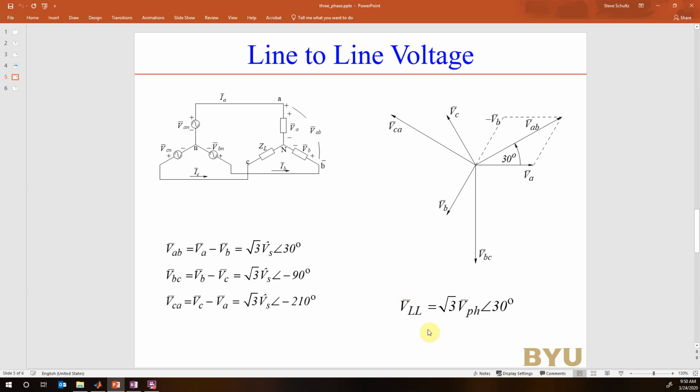So you see right here that the line-to-line voltage is the square root of 3 larger, and then it's shifted by 30 degrees. What we care about the most is this square root of 3. So if I measure the line-to-line voltage, but I want the line-to-neutral or the phase voltage, I have to take my line-to-line and divide it by the square root of 3.